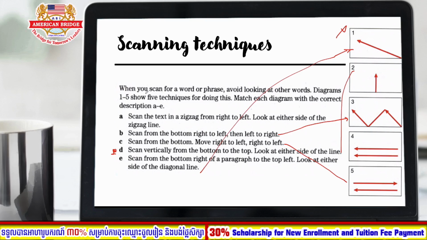Look at the words in the paragraph very quickly, from left to right. This is a very simple technique, but you need to pay attention to specific words and not stick with any specific point. Just go through it until you find what you want, so you don't waste a lot of time.